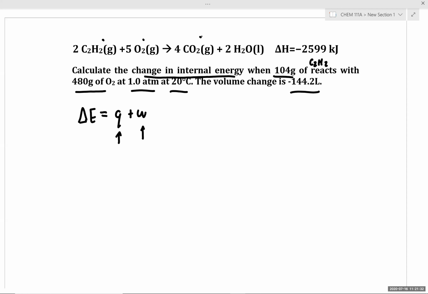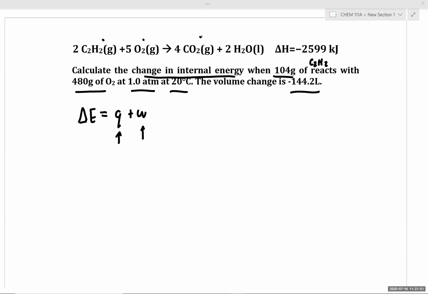So let's discuss this example and let's provide some clarification.